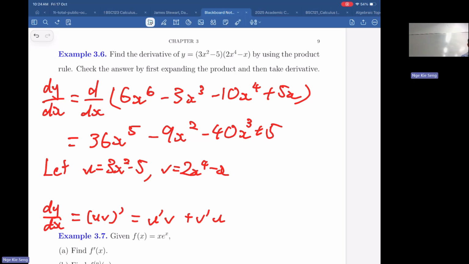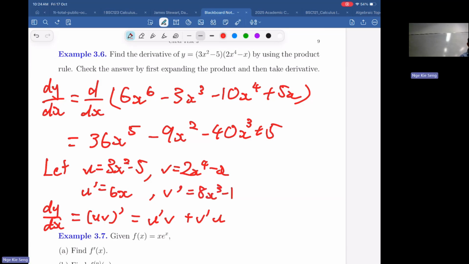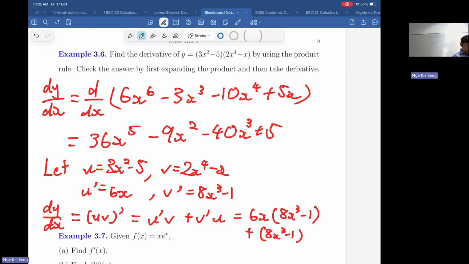Okay, so if you take u prime first, what do you get? 6x. And if you take v prime, you should get 8x cubed minus 1. And then you just do the multiplication: 6x times v. Wait, v is not this one, v is this one. Then v prime times u is this.